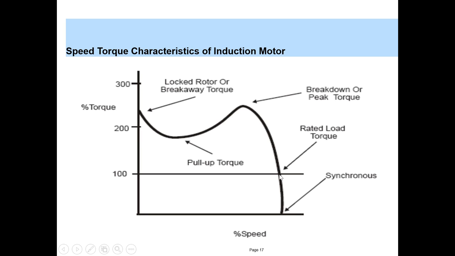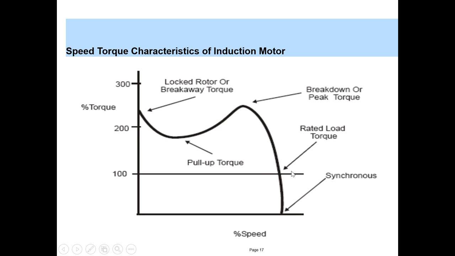What I mean is, let's say for some reason the speed gets increased, so we have come to a point over here where I have kept the pointer. We see that the speed is increased, but the torque has reduced. So due to the lesser torque, the speed will come back to the original operating point.